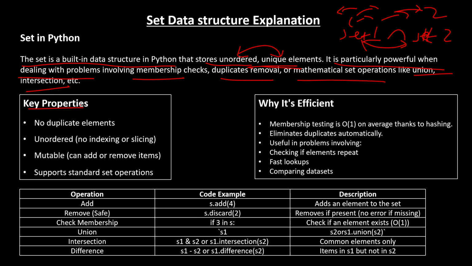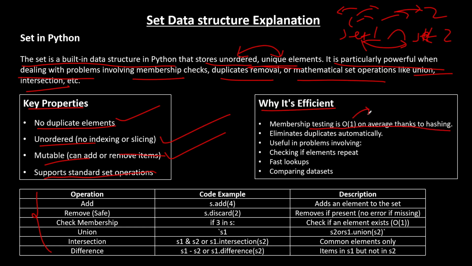Now, what are the key properties of sets? There are no duplicate elements. First thing, checked. It is unordered, no indexing or slicing. Checked. It is mutable, can add or remove elements. Supports standard set operations, which I will discuss with you. And why is it efficient? This is the important thing, right? Why are we using set in any of our DSA problems? Because membership testing is O of 1 on average thanks to hashing.